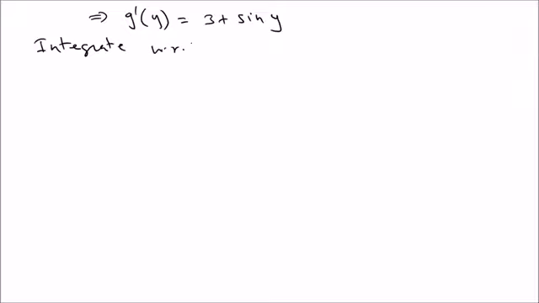So this implies that g prime of y equals 3 plus sin y. Now what we can do is integrate with respect to y. If you do that, you get g(y) equals the integral of g prime of y dy.